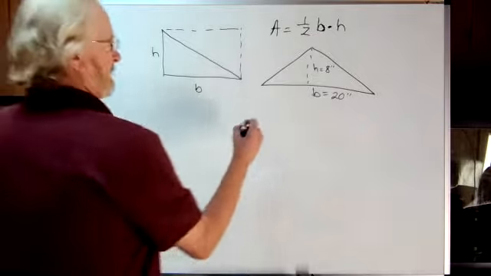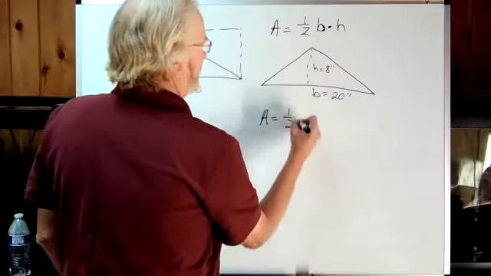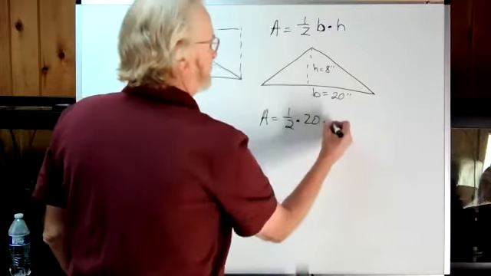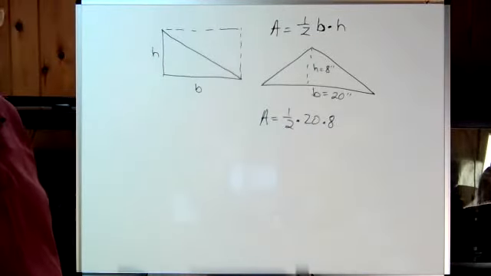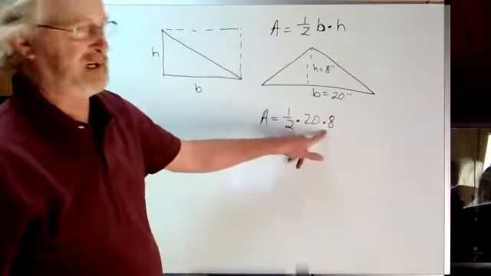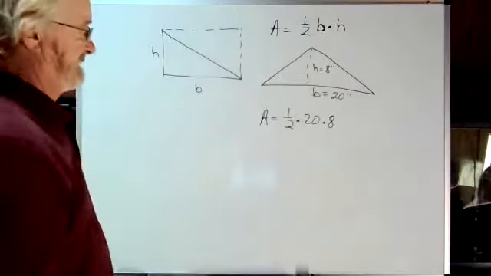Plugging the numbers in now. So the area is 1/2, my base is 20 times the 8. And there I'm ready to multiply those together. You remember the commutative property, you can do this in any order you want. I could say 20 times 8, that's 160, and half of that, or half of 20, that's 10.